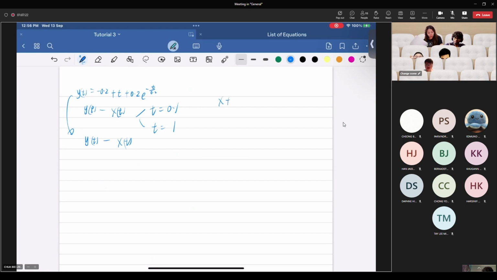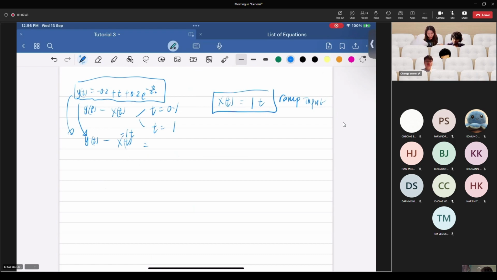What is your xt? Your xt is 1t, because it is a ramp input given in the question, ramp input. So this whole thing is your yt, and your xt is 1t.